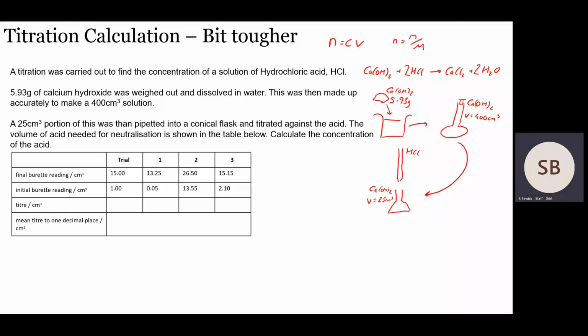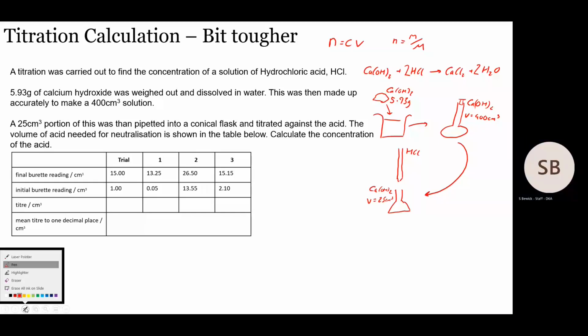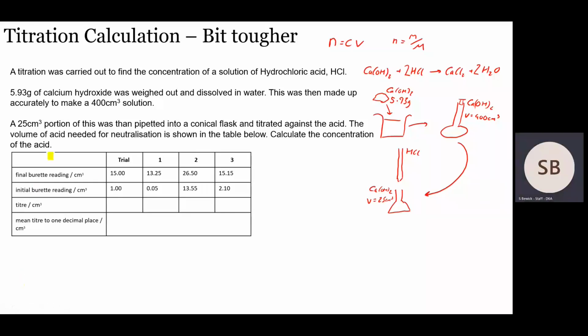Right, so there's a lot going on. So to keep things more organized, let's highlight what we know about the calcium hydroxide. So everything to do with the calcium hydroxide we're going to do in yellow. We've got the mass. We know we made it up to 400 centimeters cubed. We know that 25 centimeters cubed are the portions of that we've got as well.